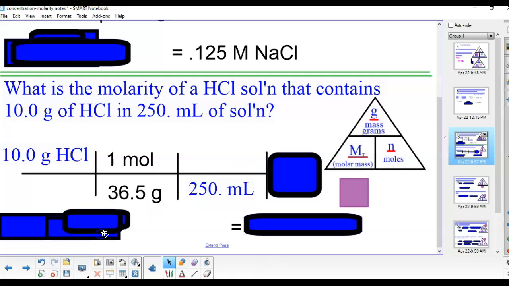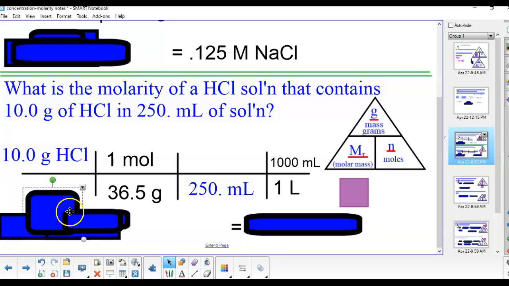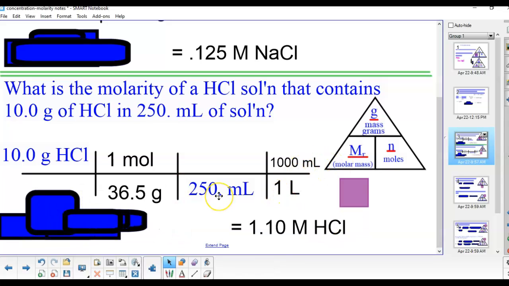When we divide by the volume, remember, we need to have it in liters, so we're going to cancel out milliliters on top, put liters on the bottom. There are 1,000 milliliters in 1 liter, and you get 1.10 molar HCl. Don't forget 3 significant digits, include this significant 0.